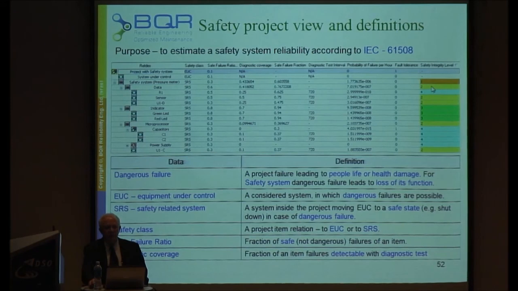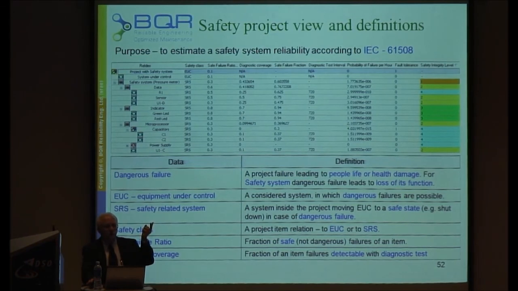There are not enough tests done, because the pressure meter can stay all the time and give you green. That's okay. But suddenly the pressure goes up and it continues giving you green. That's a disaster.